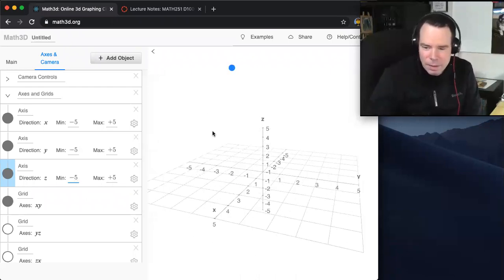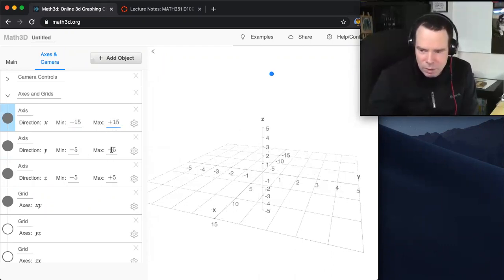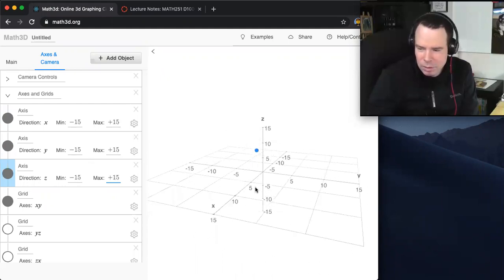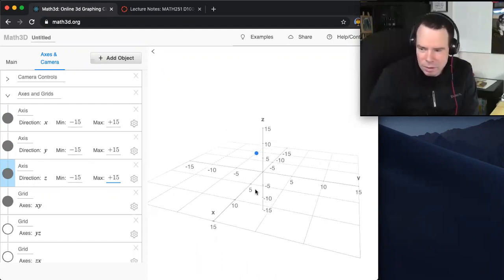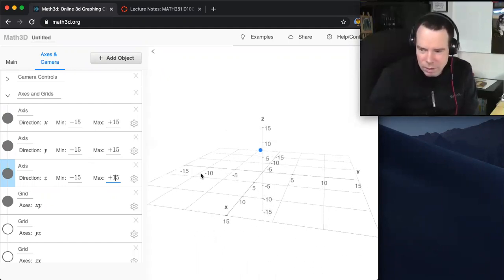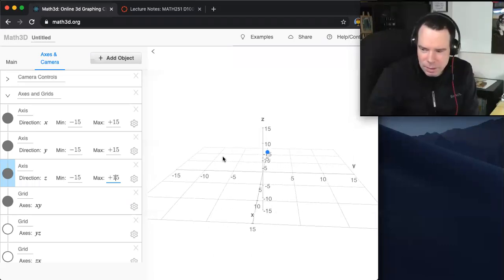But I'll keep it like this, and I will just bump them all up, maybe just to 15. I don't care if I go off the top of the coordinate system for some of the values. That's fine. I just want to make sure that we are still with perfect cubes. A unit in the X and Y and Z direction are all represented by the same length.